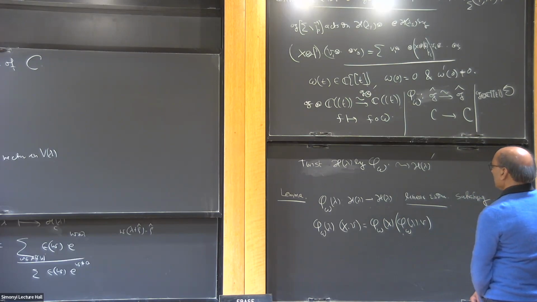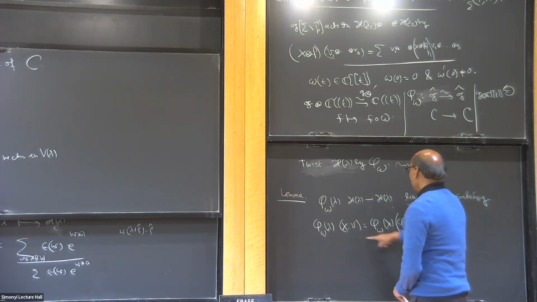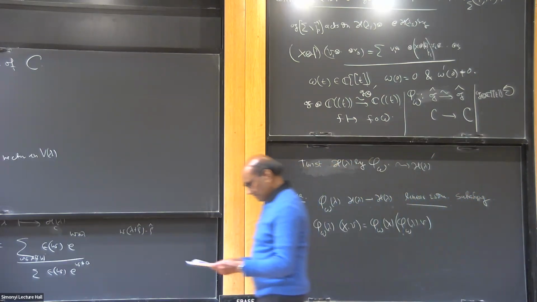So phi omega lambda is a linear isomorphism satisfying this property. Is that clear?